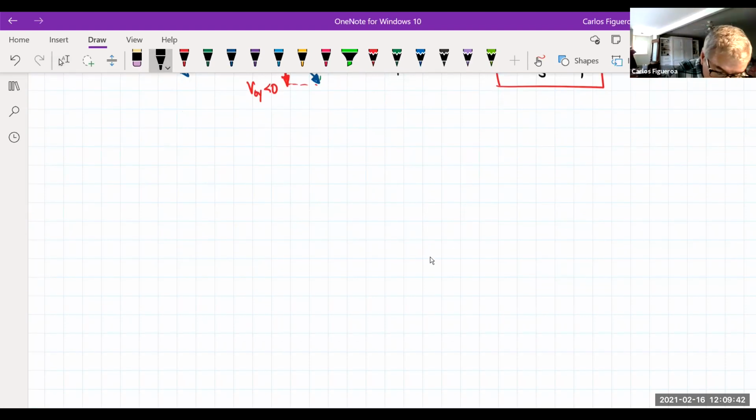So let's go look at that. So now we want to look at the initial velocity impact on projectile behavior.